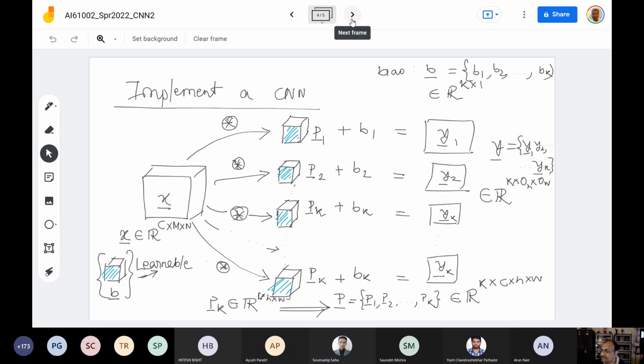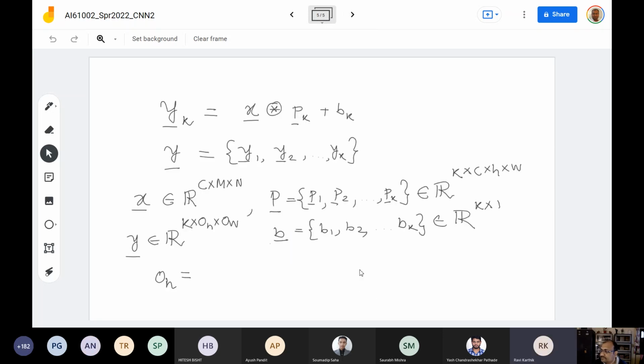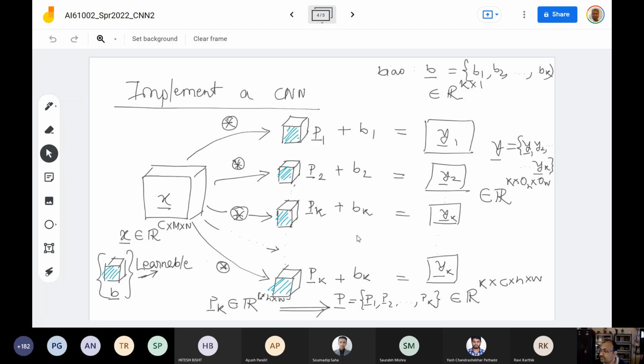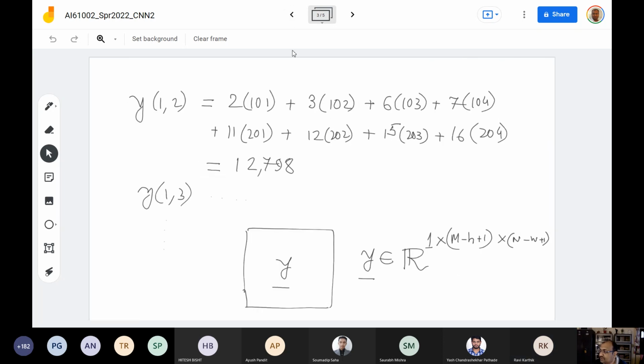Sir, here we are adding bias to the output of convolution between X and P, right? Yes. And the output of convolution between X and P is a three-dimensional tensor, right? The output of convolution between X and P will not be a three-dimensional tensor. What did we get?